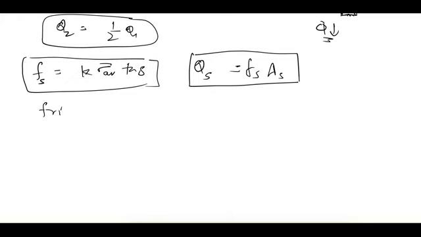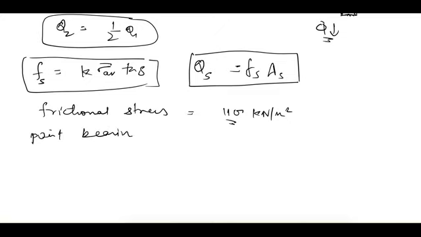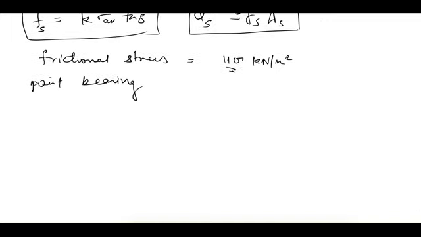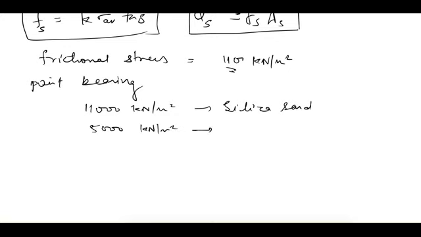The upper limit of frictional stress, upper limit we take as 110 kilonewton per meter square. So if this frictional stress is coming more than this value, then we'll discard it. Similarly, for point bearing resistance, these upper limits are 11,000 kilonewton per meter square for silica sand, and it is equal to 5,000 kilonewton per meter square for calcareous sand.